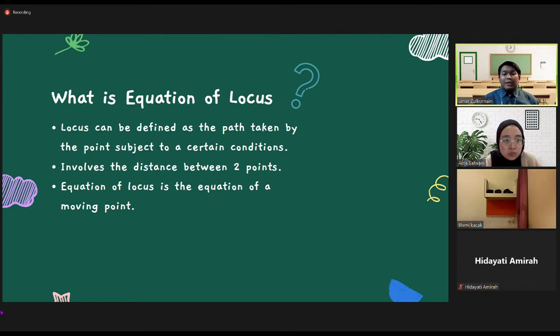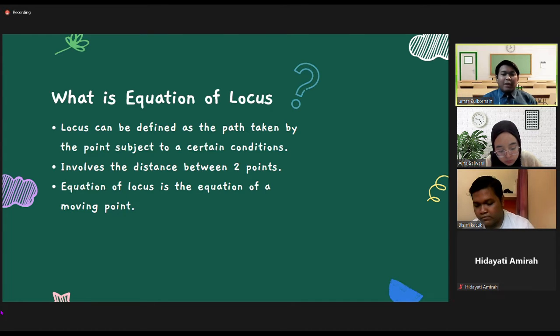So locus can be defined as the path taken by the point subject to certain conditions. It is stated here that there will be two points. It involves the distance between two points, and you can say the path taken from one point to another point under certain conditions. These conditions we will go to later in the three sections that I mentioned before.